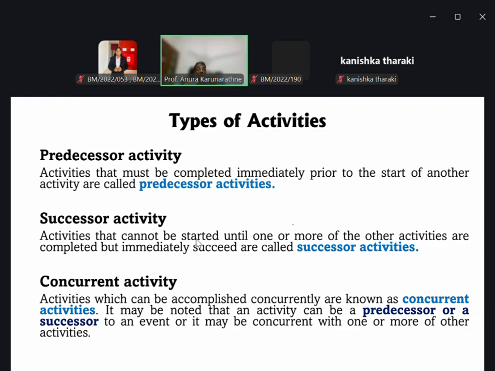So there may be a predecessor activity or a dependent activity. Before starting a particular activity, we have to complete some kind of activities. Those are called immediate predecessor activities, right?